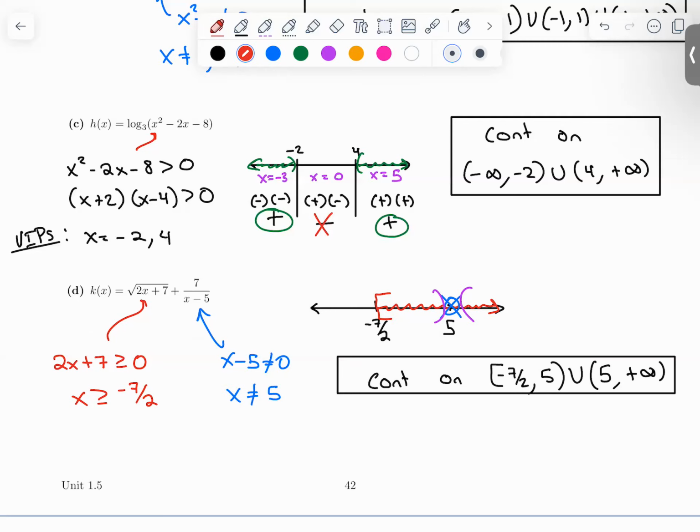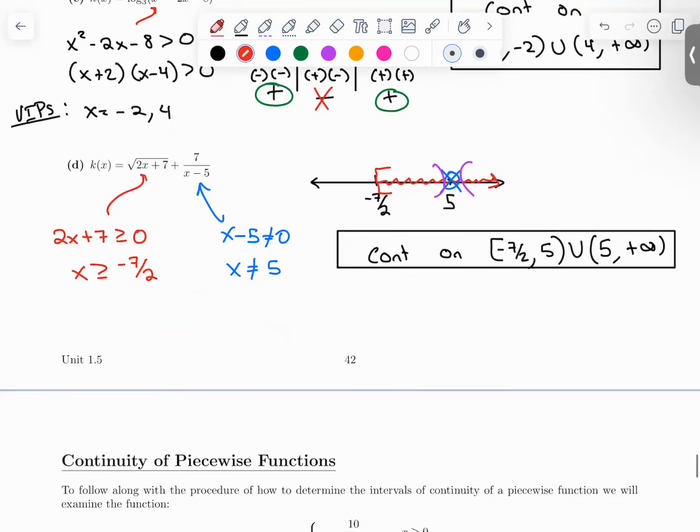Excellent question. Now, I do want to mention something interesting. You don't need to write this one down, but just observe it. If k of x had instead been the square root of 2x plus 7 plus 7 over x plus 5, then the only difference is that plus.